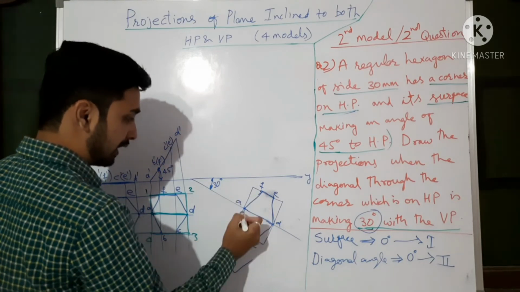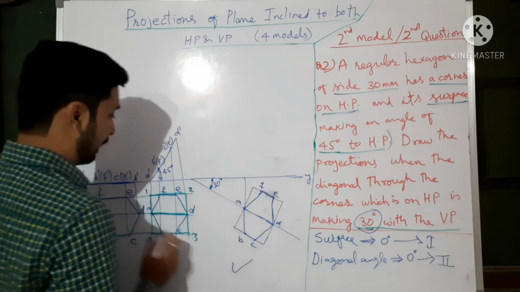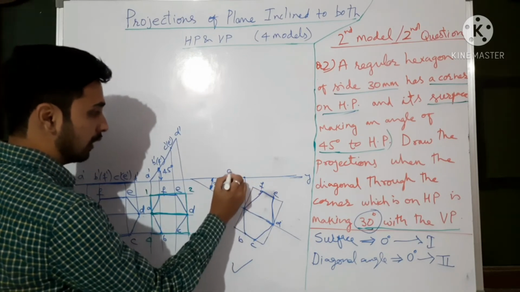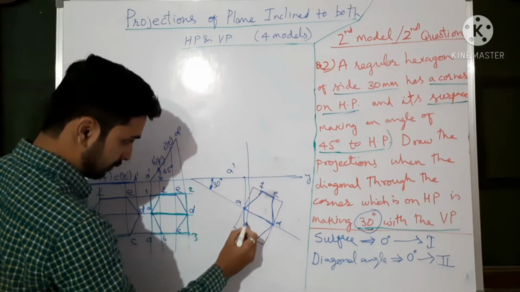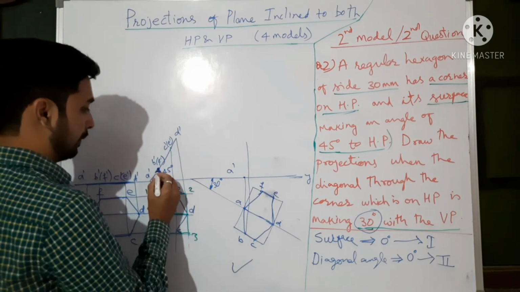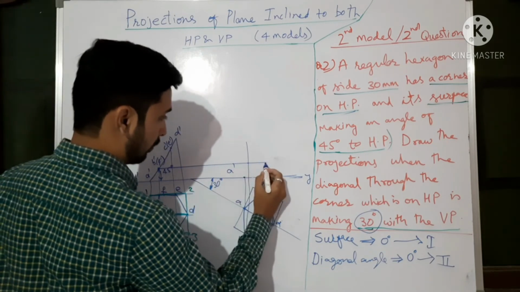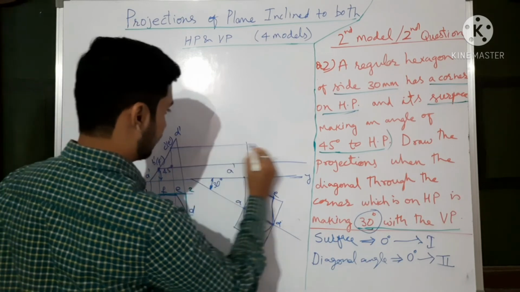Now project A. A is here, so this is your A dash. B here, B. First let us take all the lines.